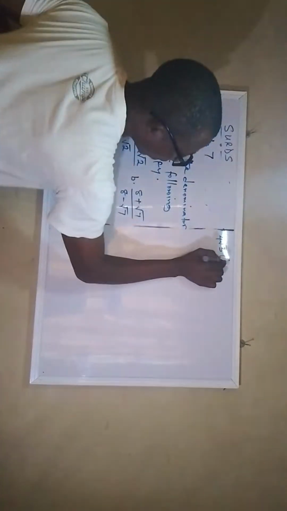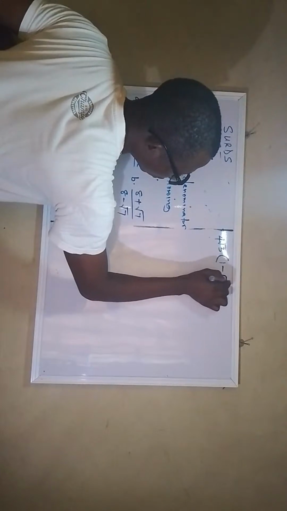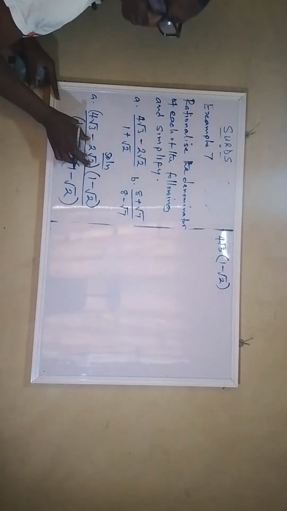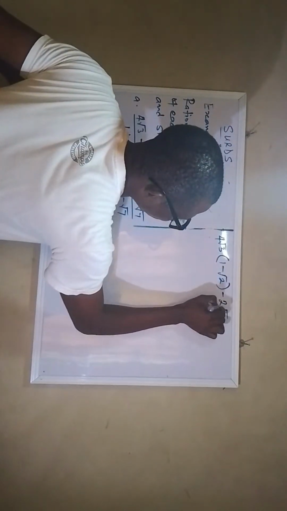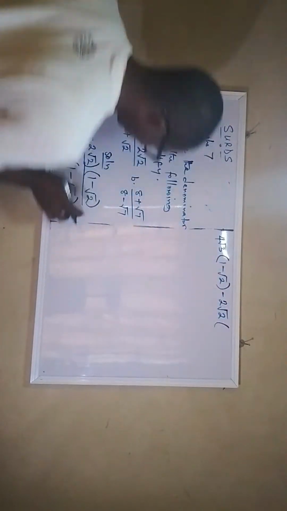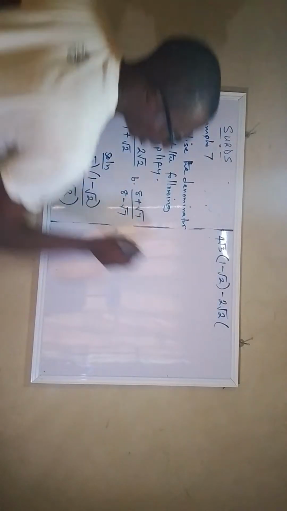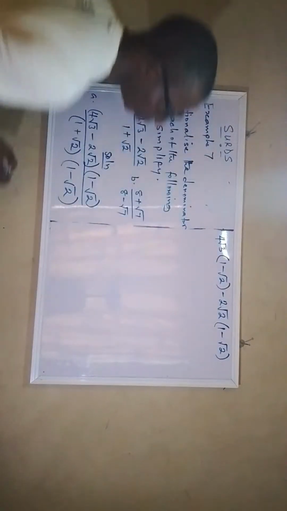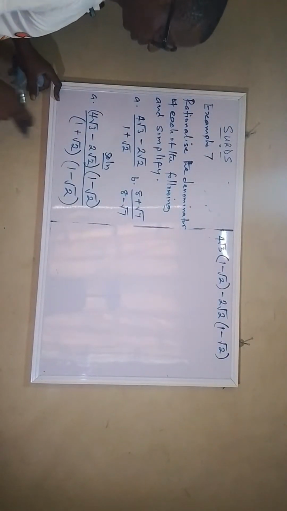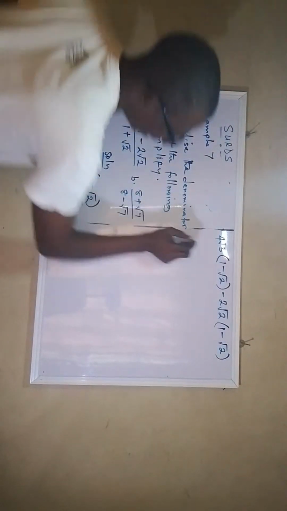So 1 minus square root of 2. You pick the second one with the sign, minus 2 square root of 2 times what we have here. So that's 1 minus square root of 2. Okay, do you get that? So now you divide by.